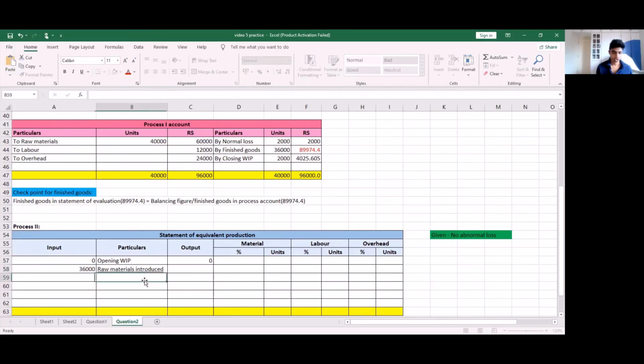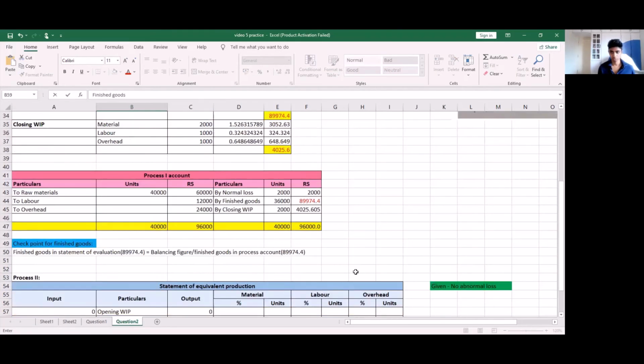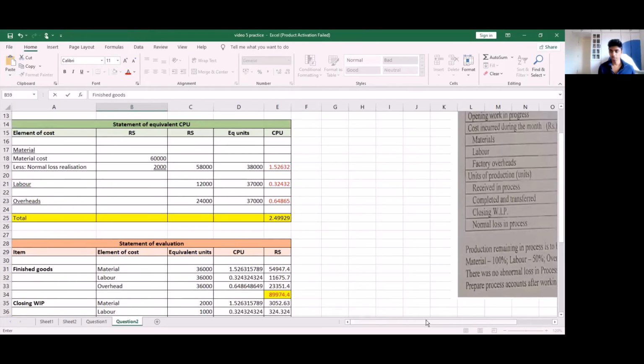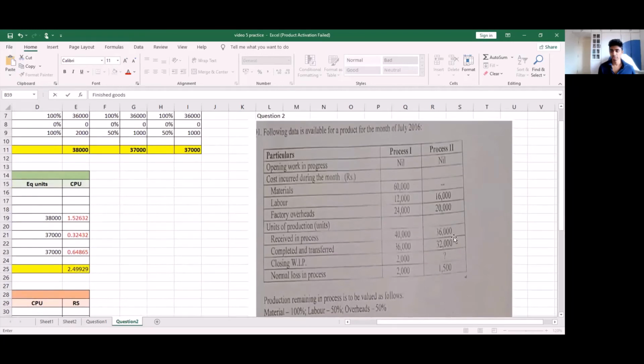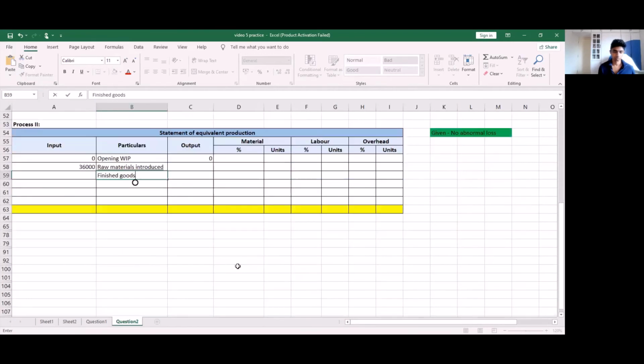And as for finished goods, we are given that our completed and transfer units for process 2 is 32,000. So we have our output as 32,000. Next, we have normal loss.